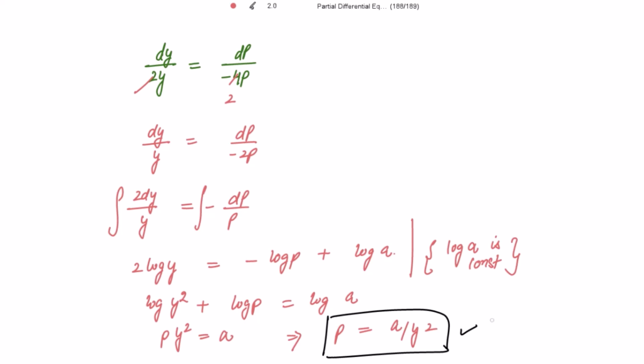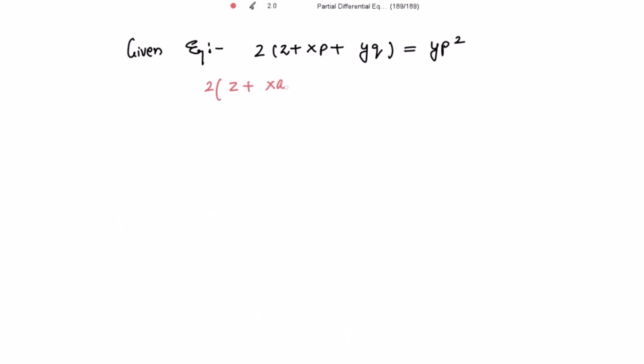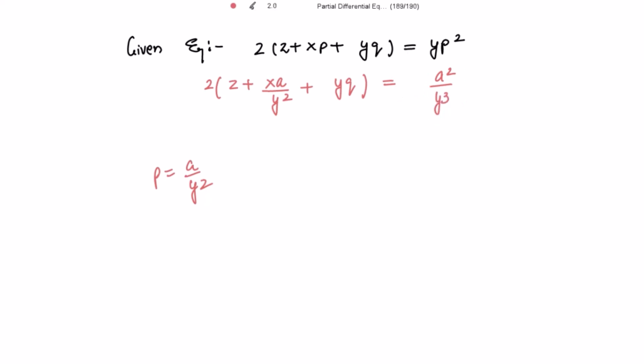It is a divided by y squared, so this becomes a squared divided by y to the power 4. Cancelling one y from this, we get y cubed over here.